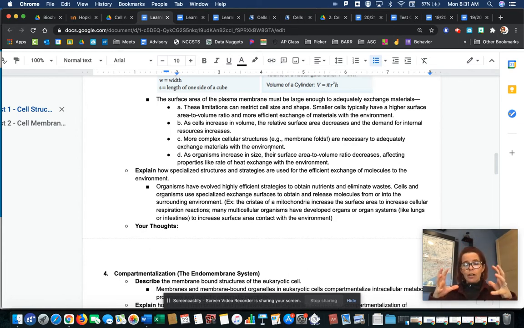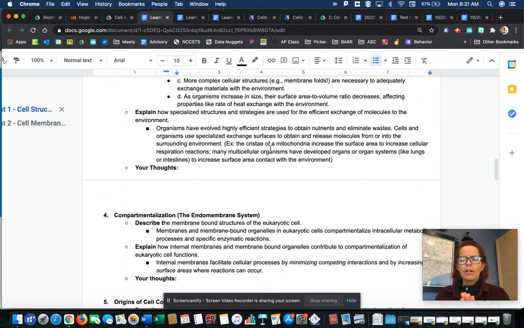So if we have a really big cell, it's going to have lots of mitochondria in it. It's going to need tons of oxygen, and it's going to need to get rid of tons of carbon dioxide. If we have a small cell, the need for oxygen is less, and the need to get rid of the carbon dioxide is less. And then as organisms increase in size, their surface area to volume ratio decreases, affecting properties like rate of heat exchange with the environment.